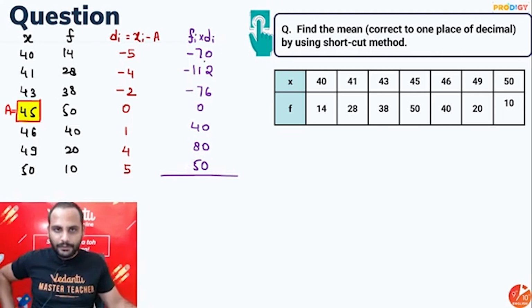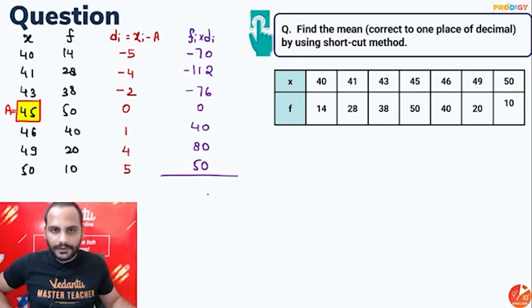Here how much do we have? Minus 258, and here how much do we have? Plus 170. So that is going to be how much, guys? It will be negative, and the summation of Fi into Di will be equal to negative 88.